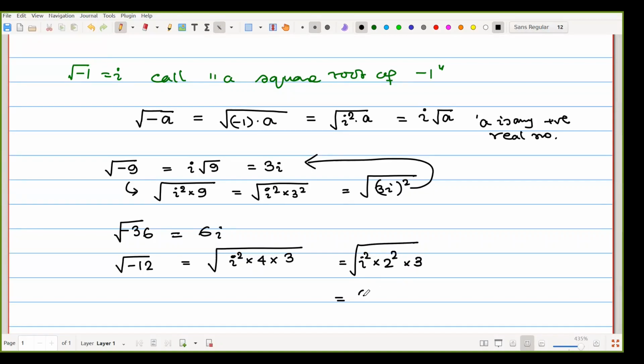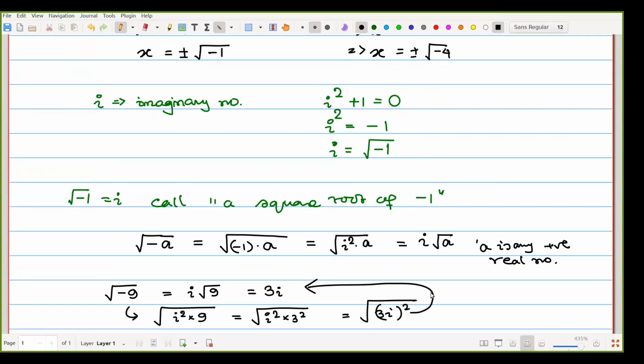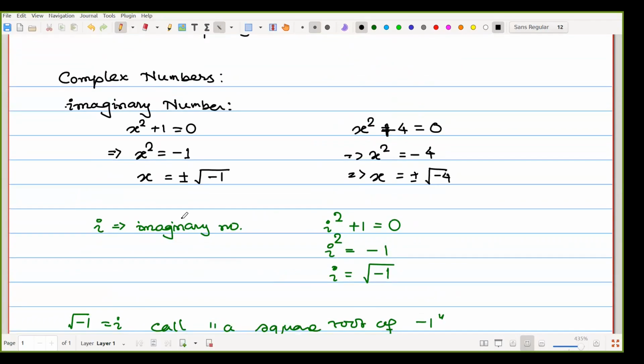So it can be written as 2i square root of 3. So simply from the very first equations, where x square is equal to -1, we can write x is equal to square root of -1, or i. Here also, x is equal to 2i.